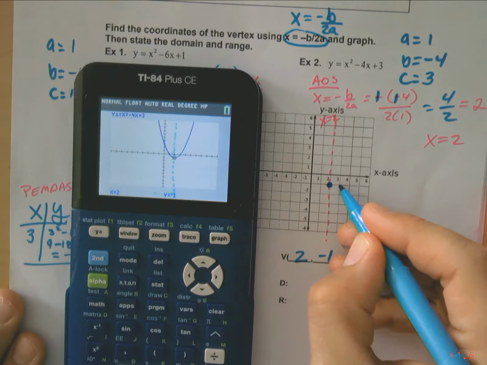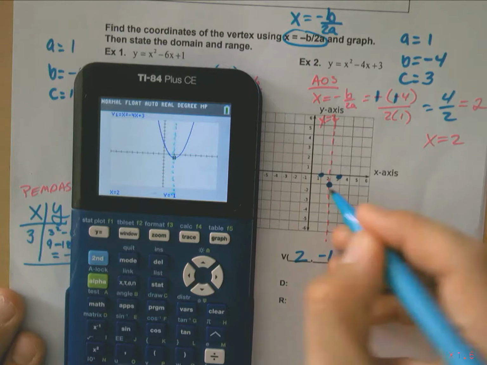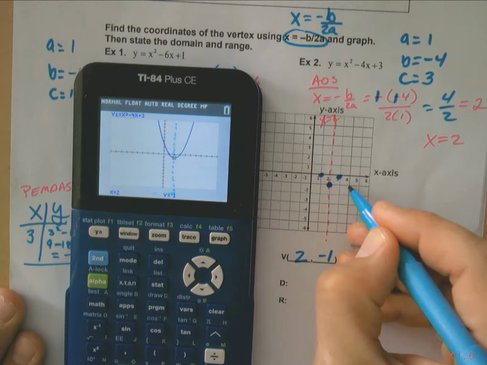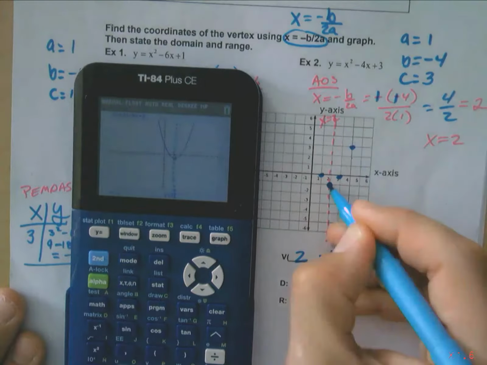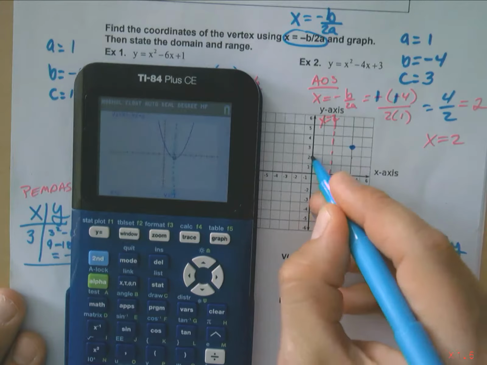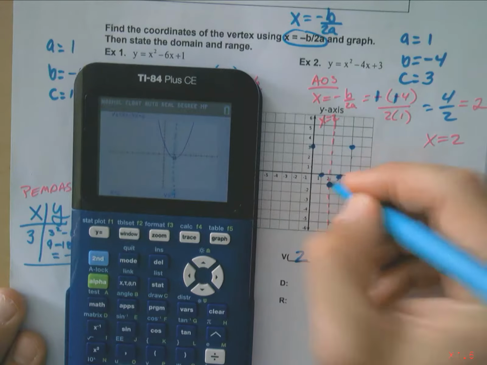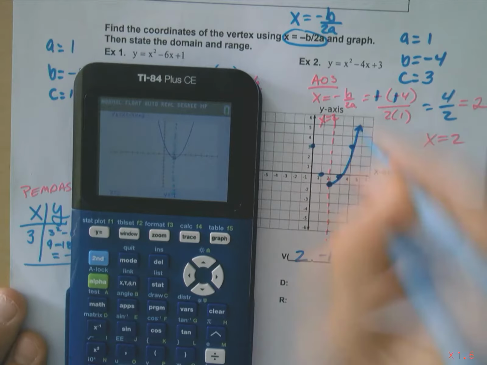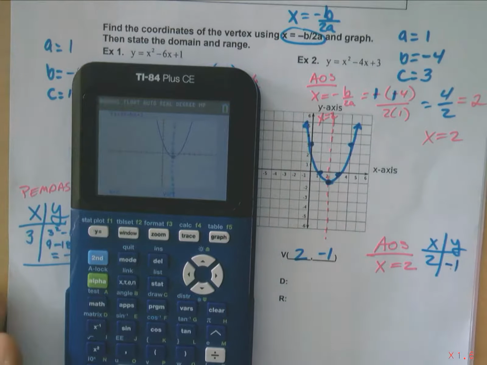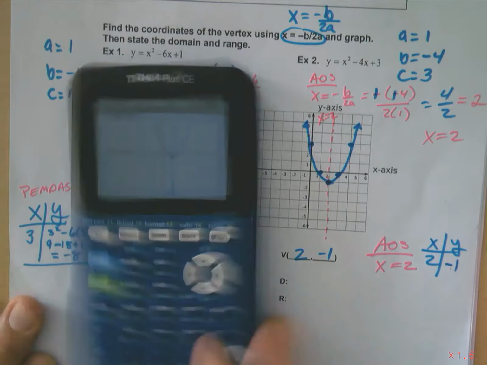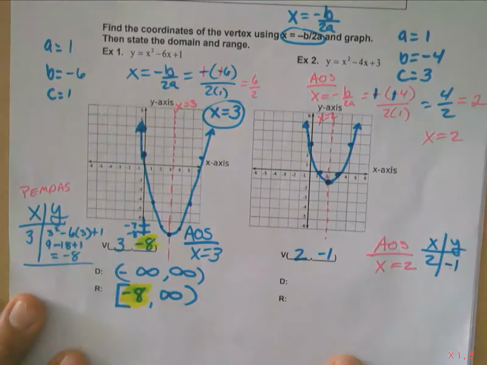Over 2, up how many? 4, because 2 squared is 4. So over 2 x's, up 4. 1, 2, 3, 4. Don't forget it's symmetric. And we got a nice looking graph there.